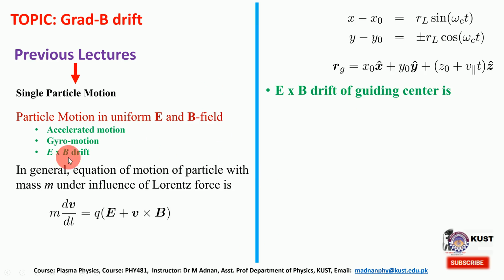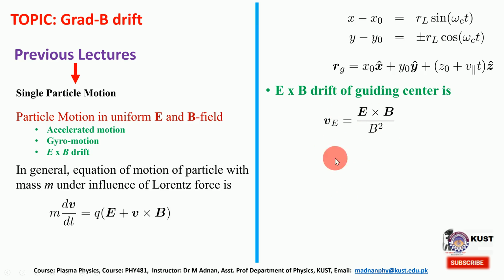And due to the situation when E and B both are applied, it will experience the E cross B drift. And we have also discussed in the previous lecture, that is the E cross B over B square, that will be a drifting guiding center because of these two fields.